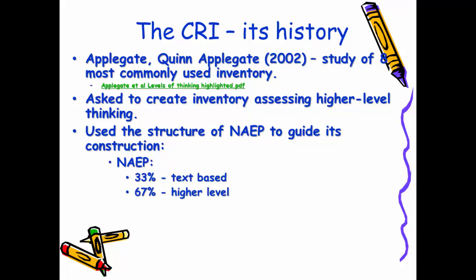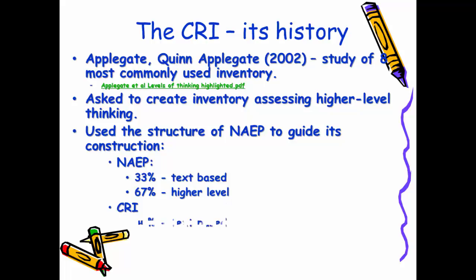However, 67% are higher level. NAEP continues to be used across the country. It's national. And folks, if your students are going to be taking the NAEP, they better be prepared to deal with higher level thinking. That may be significantly different from state demands.